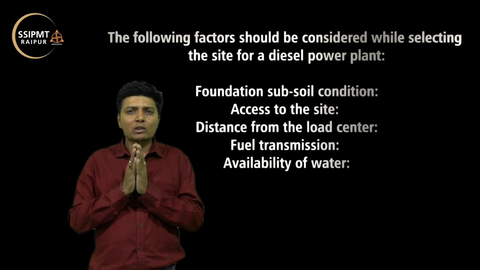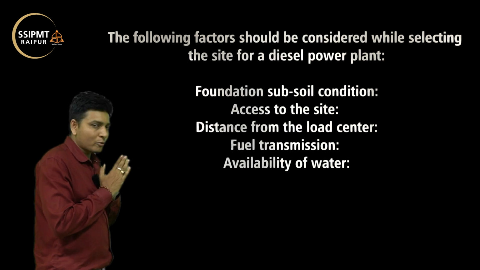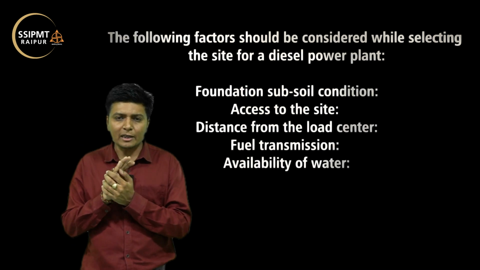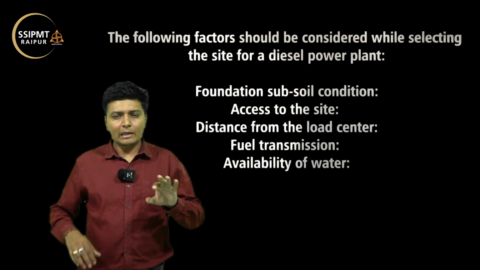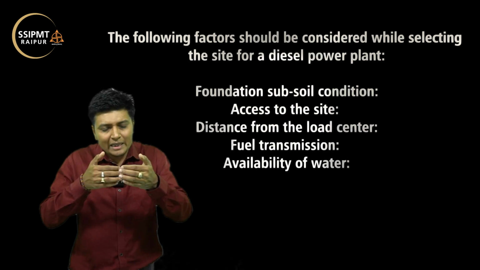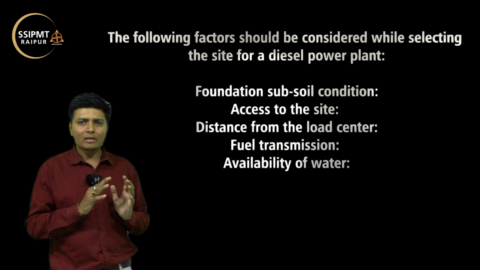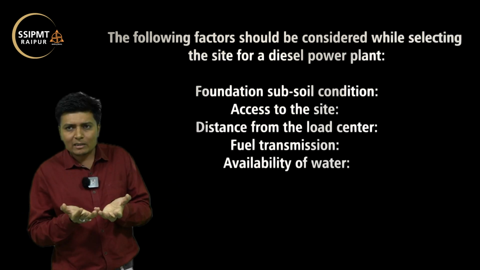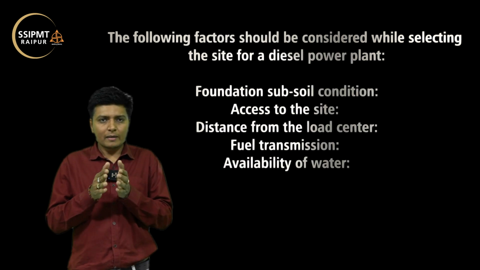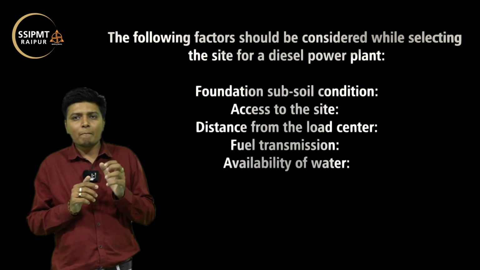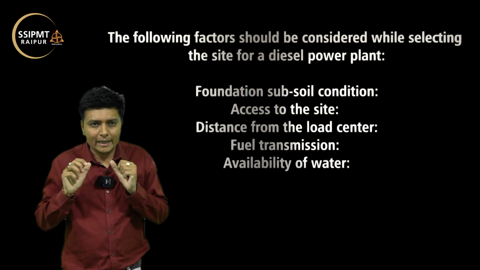The site should be selected so that it is accessible through rail and road. Third is distance from the load center. The location of the plant should be near the load center. This reduces the cost of transmission lines and maintenance cost. The power loss is also minimized if there is a minimum distance between the plant location and the load center.